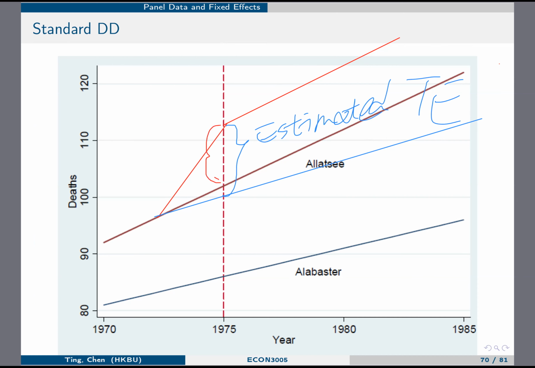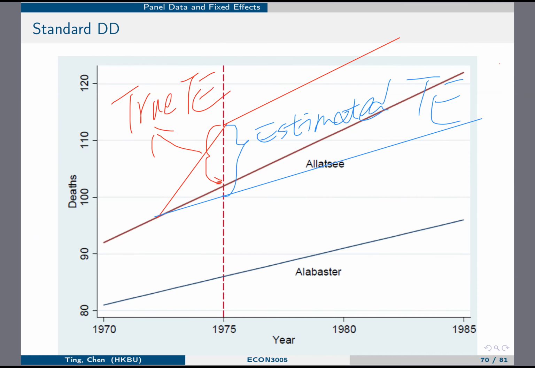Okay, so this is the true treatment effect. So using this estimated treatment effect, we overestimate the true treatment effect, right? Why is that?